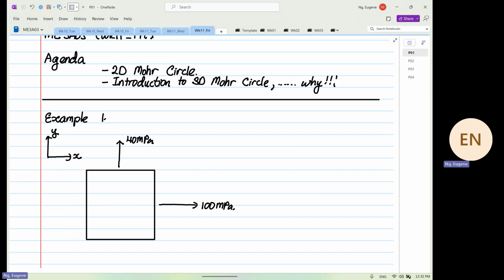And then we have positive shear. This is our 20 megapascal. Okay. So what we usually do, we label this as point X. And we label this as point Y.